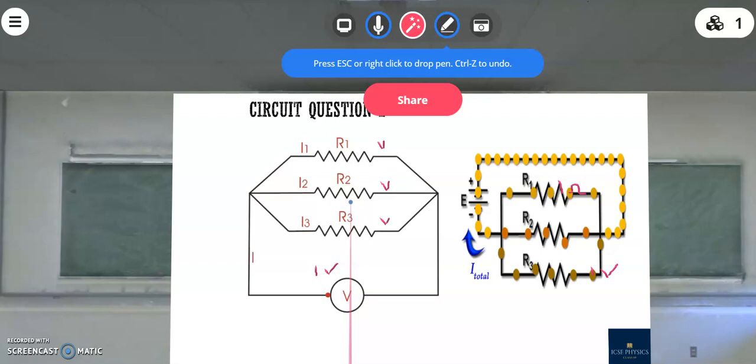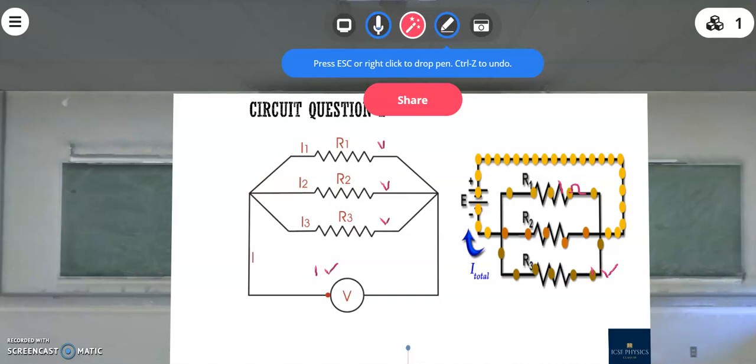So the question for you guys is to tell me what is the equivalent resistance in this circuit, as well as the current flowing in this circuit.